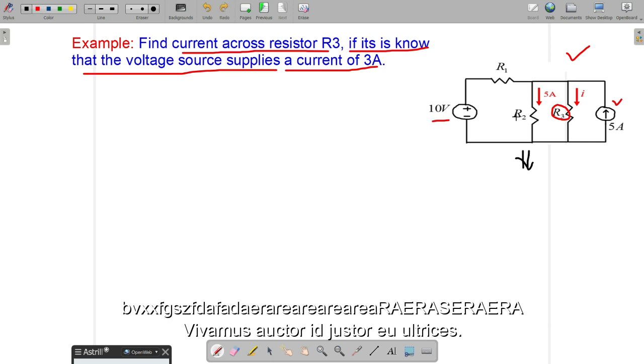So we need to redraw the above circuit once again so that we can apply Kirchhoff current law easily and find the current across resistor R3. So here we go.